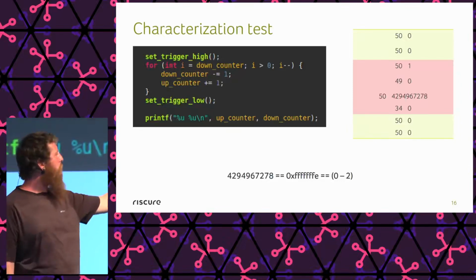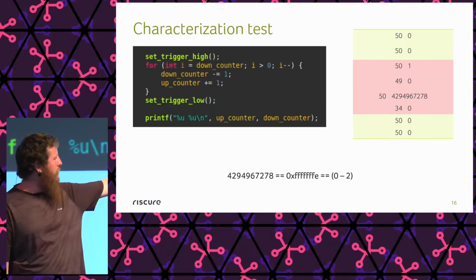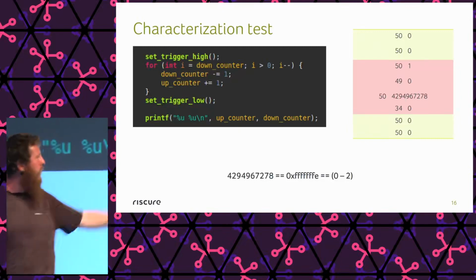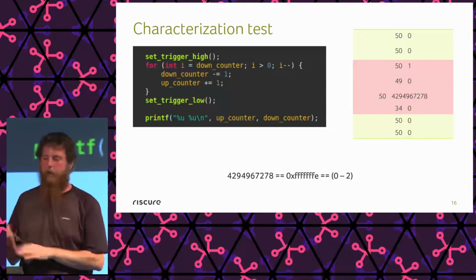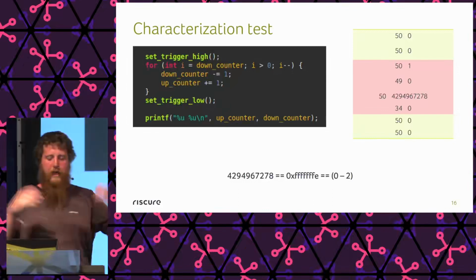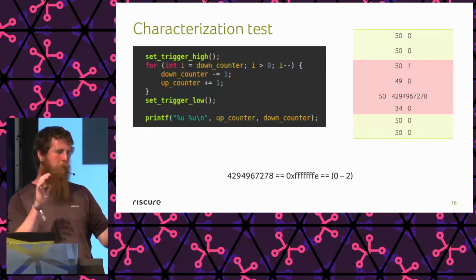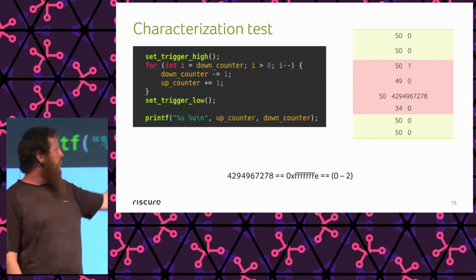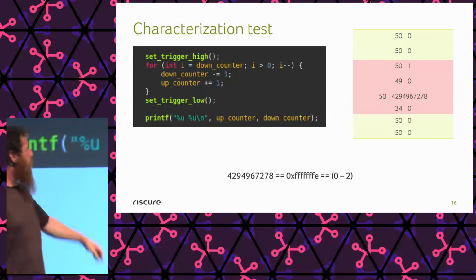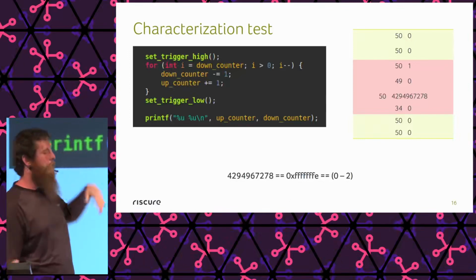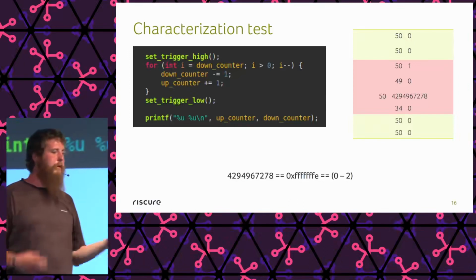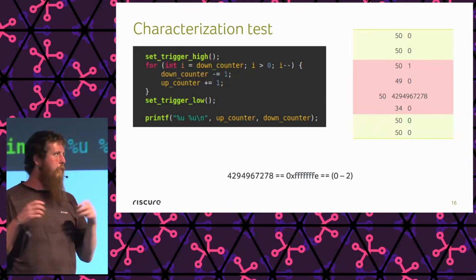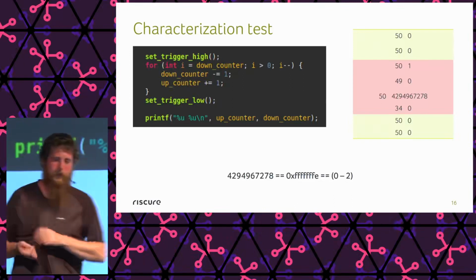if you know a bit of C programming, this big 4 billion number might seem familiar to you. It's the maximum value you can store in a 32-bit variable. So this is saying that we've modified one of the decrements to not decrement by 1, but instead to decrement by 3, I think it is in this case.